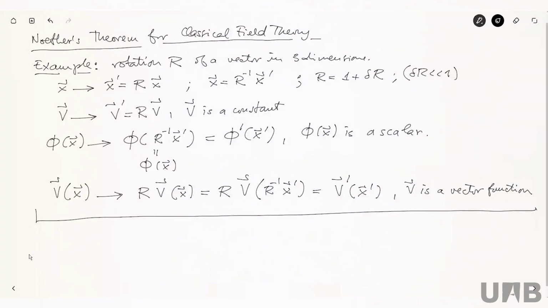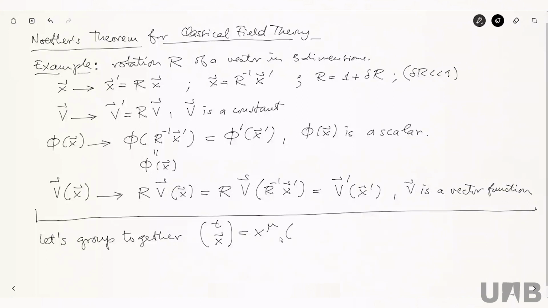Now, for Noether's theorem, we're going to group together T and X, and we're going to call this thing X mu. Okay, so T and X, we're going to put it together into some column, okay? And this we will call X mu.